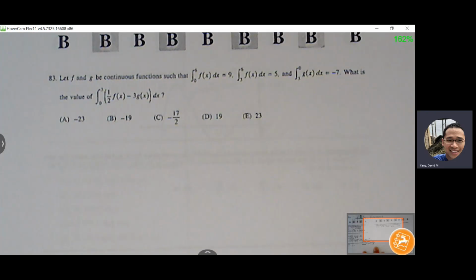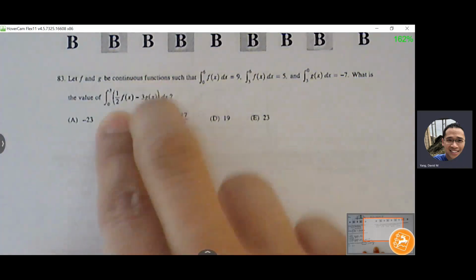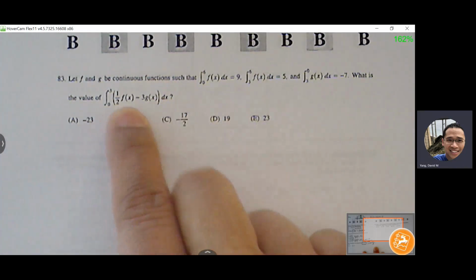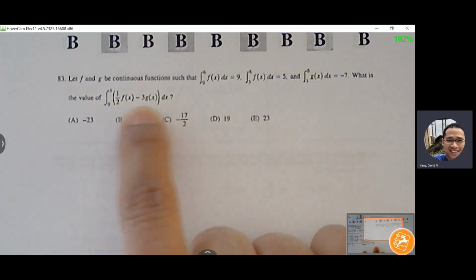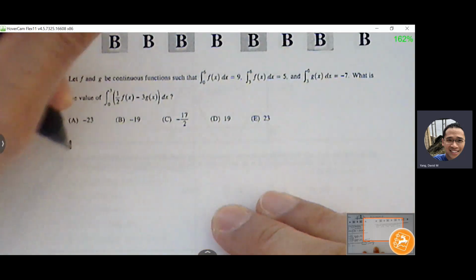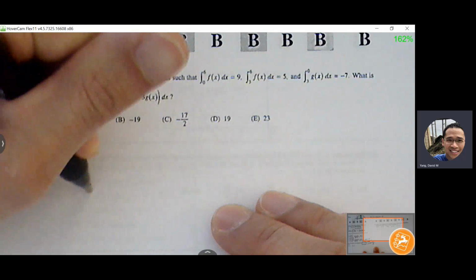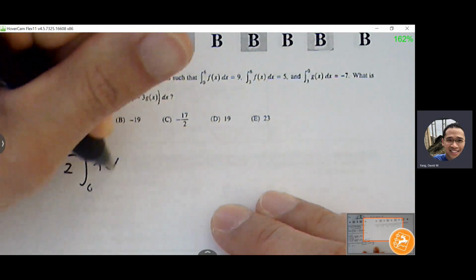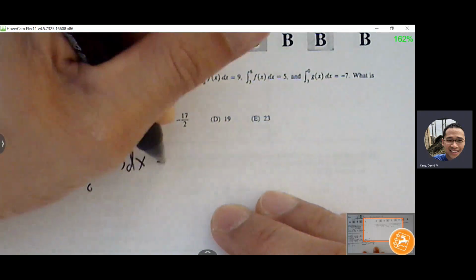Okay, so let's see, we can set up the information that we have in front of us here. We want to find the integral from 0 to 3 of 1/2 f of x minus 3 g of x. I'm just going to go ahead and split this up, try to break it down into its easier parts so I can see all the different pieces in play here.